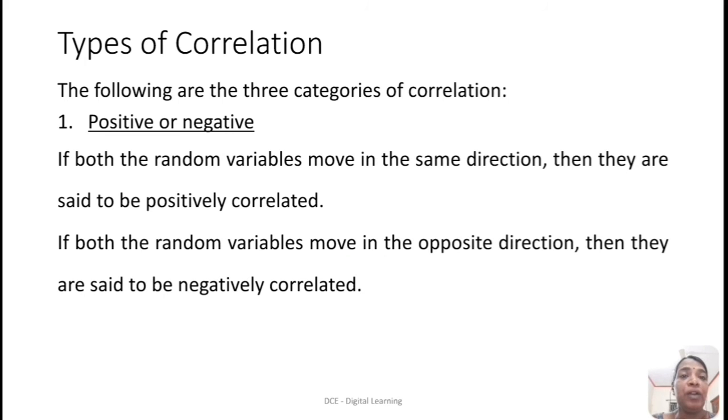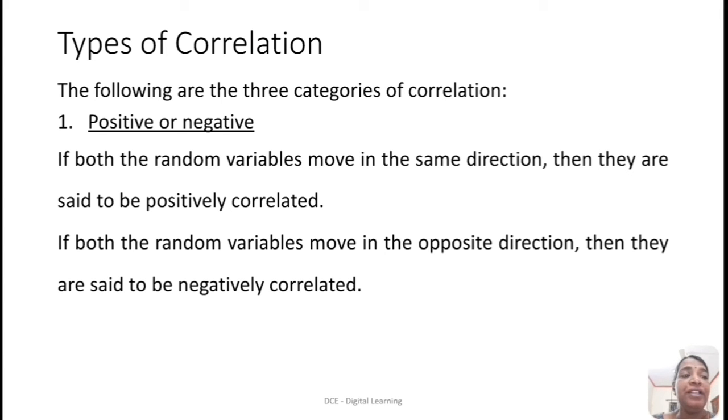Now types of correlation. There are two types of correlation: positive or negative. If both the variables move in the same direction, they are said to be positively correlated. Say, for example, x is increasing, y is also increasing. We call it positive direction.